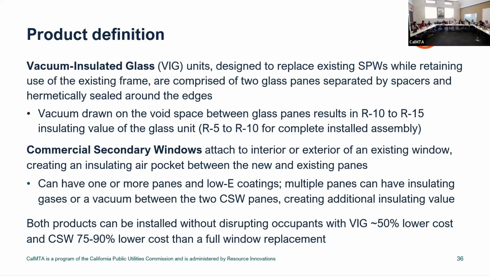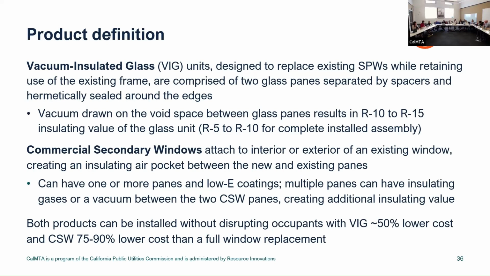I mentioned cost, and there's one thing I want to mention on TSB. Approximate cost, compared to replacing that window with a brand new window, VIG comes in at about 50% of that cost. Secondary windows can come in at about 75 to 90% lower. A lot of that is just on the labor.